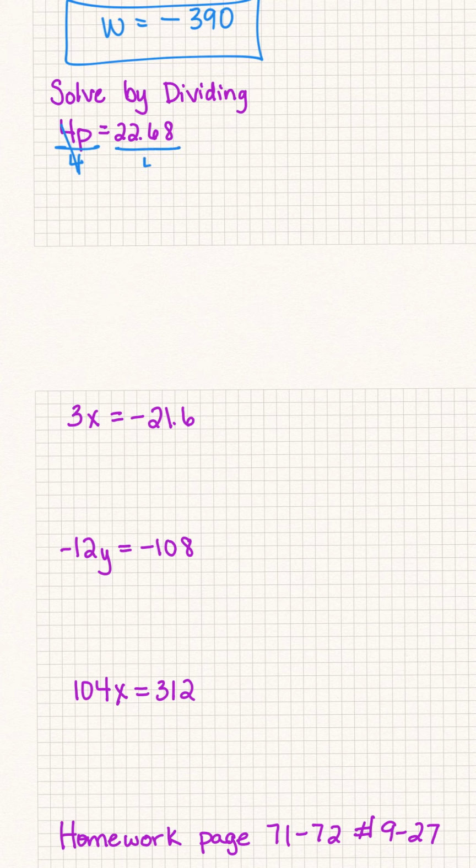If we do it to that side, we have to do it to this side. So if we divide this side, we are going to get 5.67.